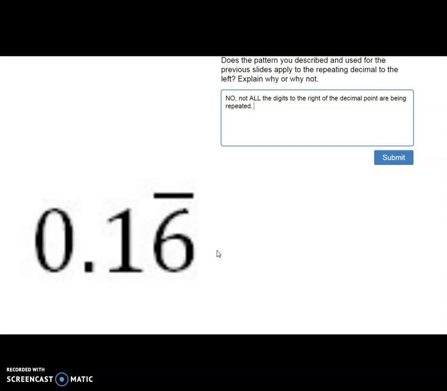Well, in our notebook, let's rewrite this into a fraction. Okay, let's switch to our notebook.